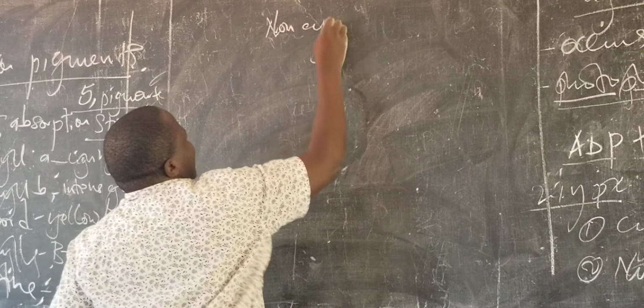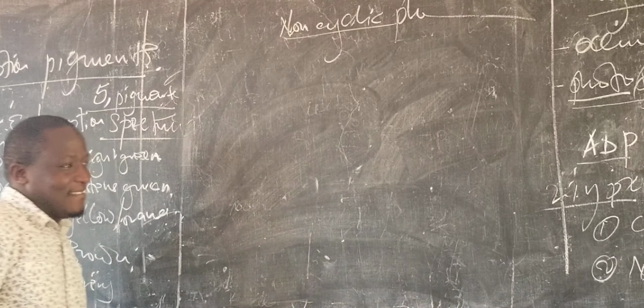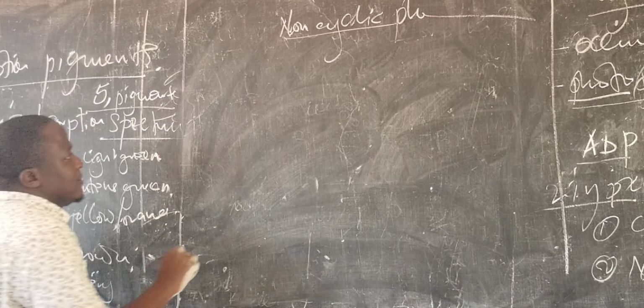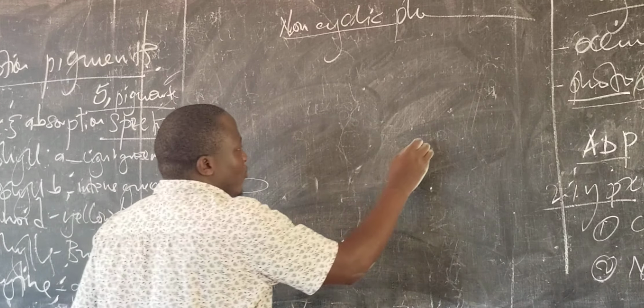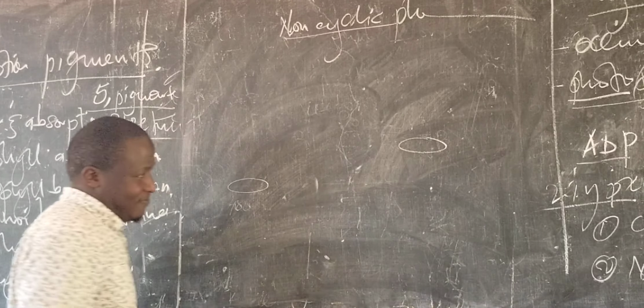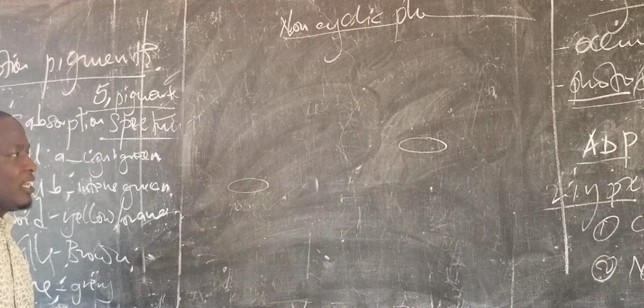The non-cyclic photophosphorylation. What is going to happen here is that we are going to have two photosystems arranged at different energy levels.